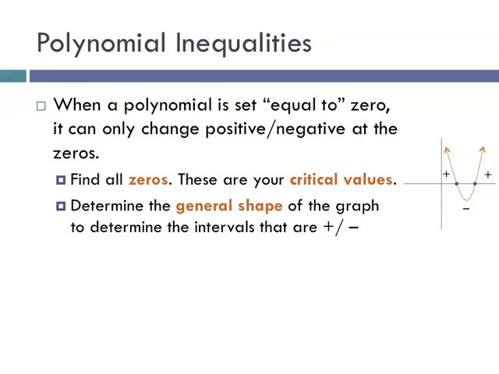Anything below, which is the center of that parabola, is negative. That will help us when you're asked to find where this is greater than 0, or where this is less than or equal to 0. Once you have your graph, you can easily determine where that polynomial is positive or negative.